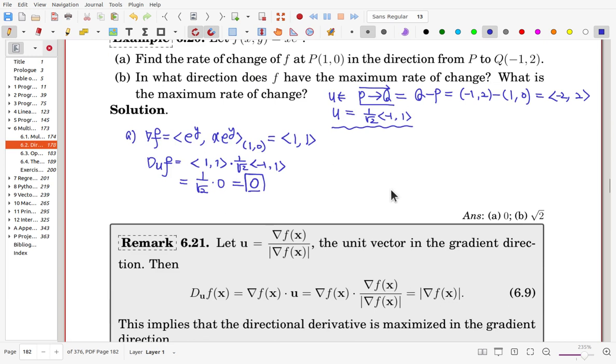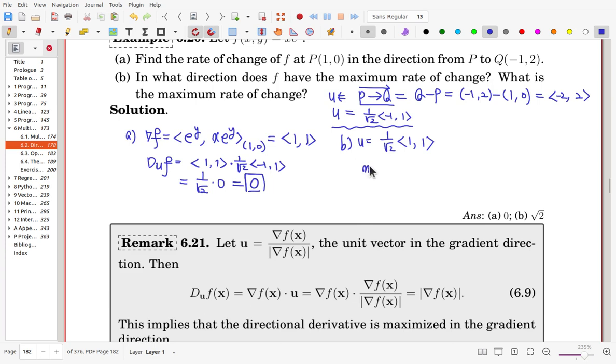So if we choose u to be 1 over square root of 2 times (1, 1), then it will be maximum, and the maximum value is the norm of the gradient.